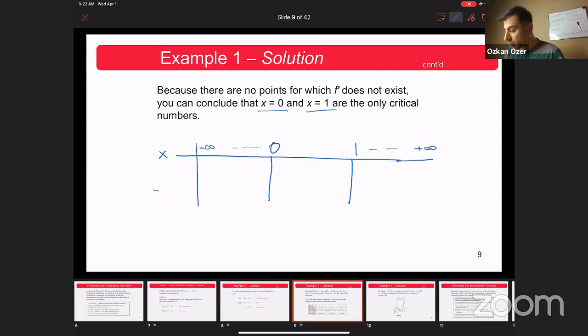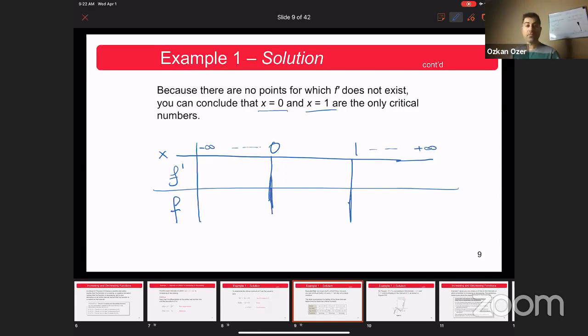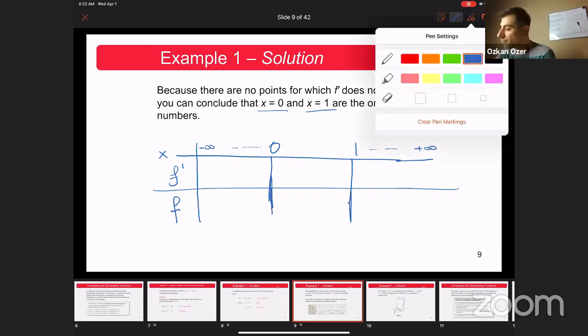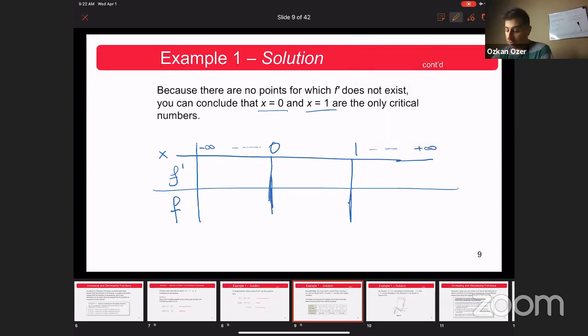Now I'm going to look at the sign of f prime to deduce the increasing and decreasing behavior of f. To achieve that, what I'm going to do here is get sample points from each column.